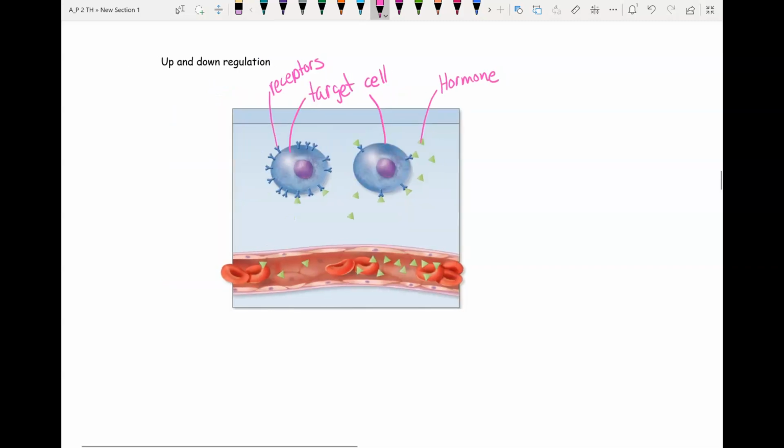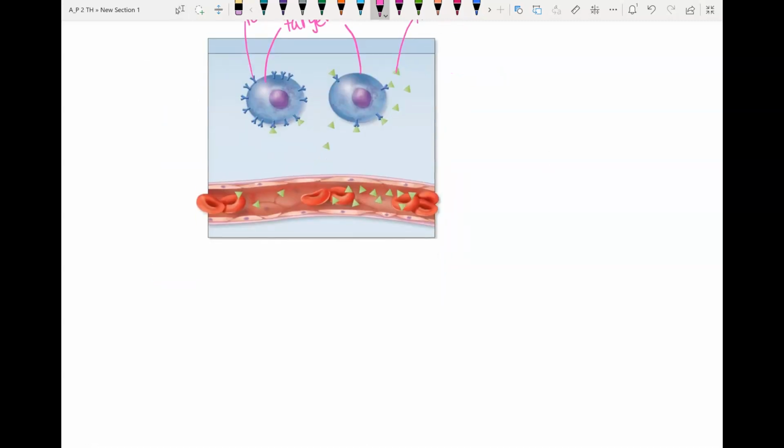So we know that hormone binds to receptors on the target cell, and that is what stimulates the cell.